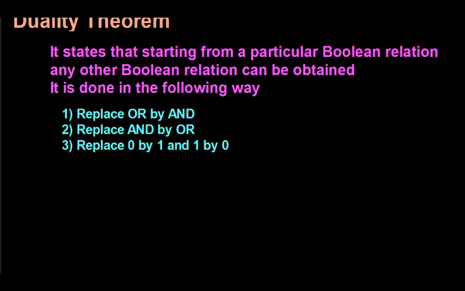Let us see one example. Suppose we have a relation: a or 1 equals 1. This is one of the relations. Now what is the dual? I'll just write the dual of this. For getting the dual, I write a as it is.